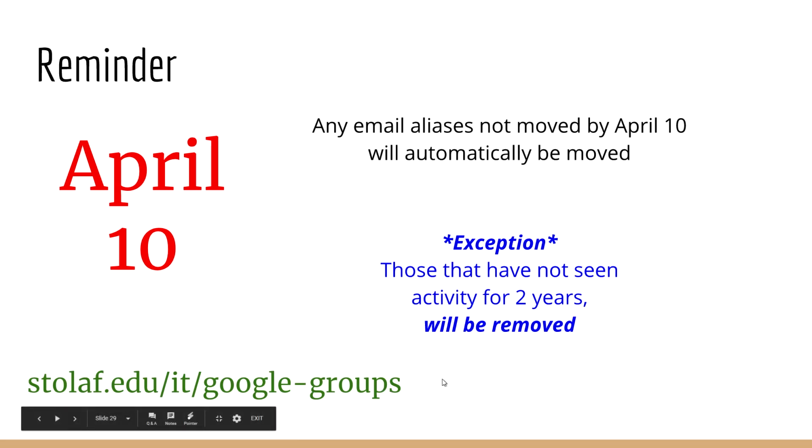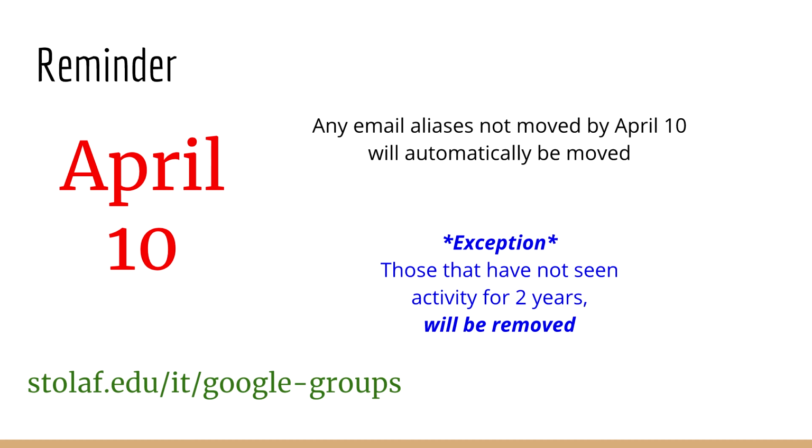Last thing, reminder, April 10th is the date that all of our aliases are moving to Google Groups. You can do this ahead of time. It's a good opportunity to look through what groups you manage, what groups you are the owner of, to see if it's something that you want to migrate, if it's something that you want to keep. Please know that if the alias has not seen activity in 2 years, it will be deleted.